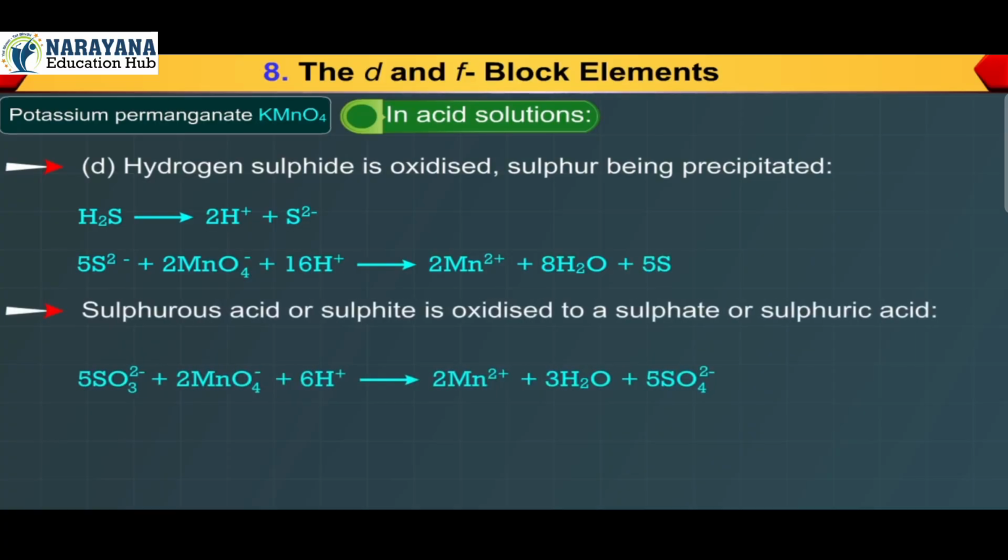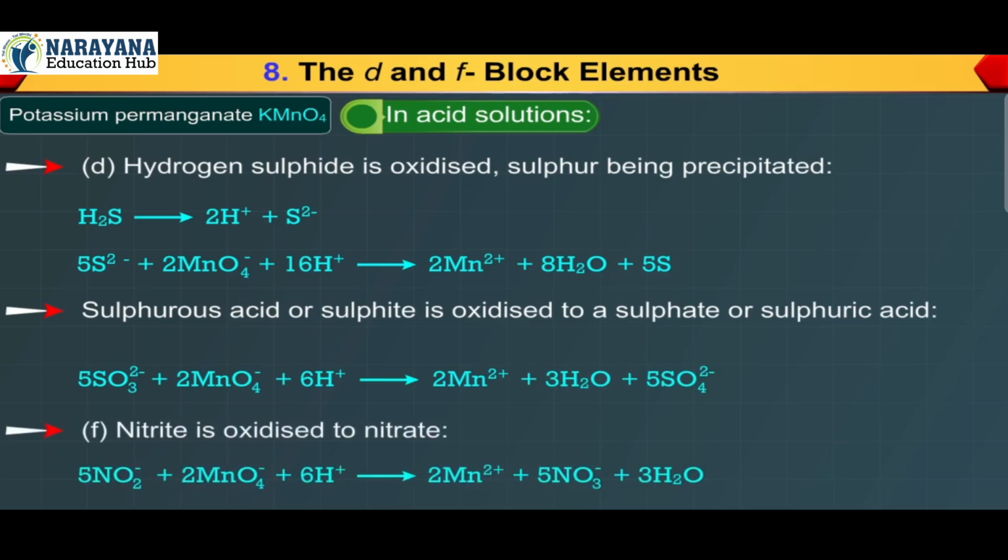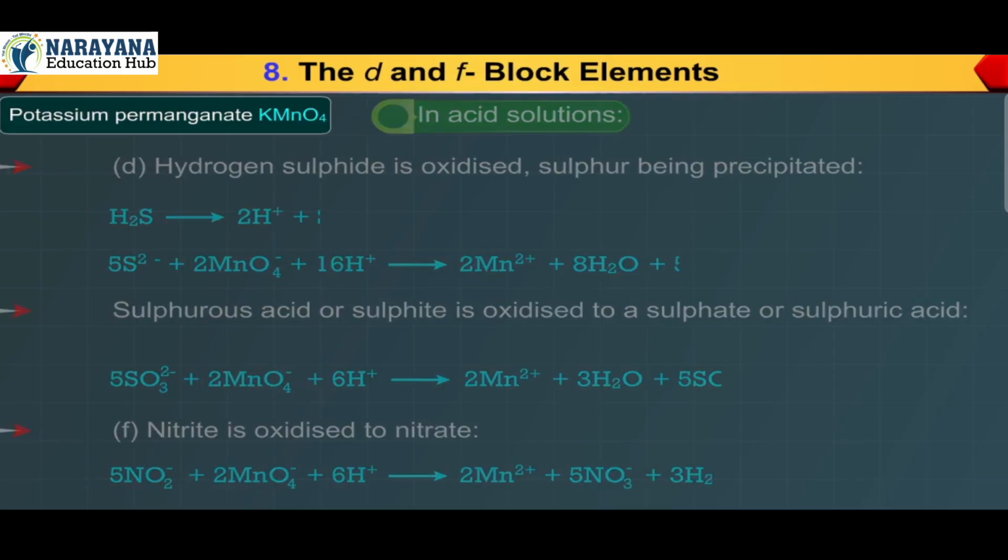E. Sulfurous acid or sulfite is oxidized to a sulfate or sulfuric acid: 5SO3 2- plus 2MnO4- plus 6H+ gives 2Mn2+ plus 3H2O plus 5SO4 2-. F. Nitrite is oxidized to nitrate: 5NO2- plus 2MnO4- plus 6H+ gives 2Mn2+ plus 5NO3- plus 3H2O.